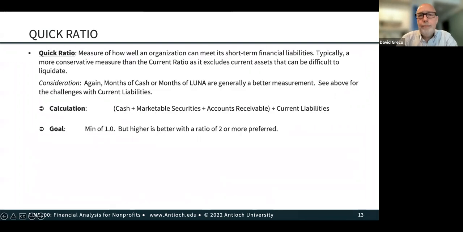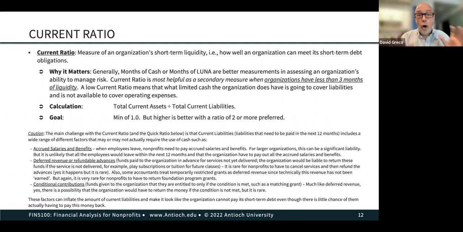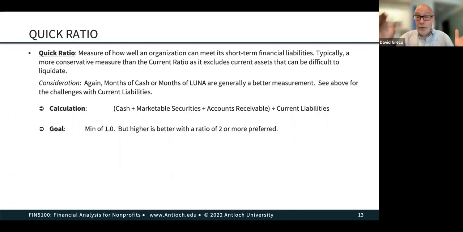Quick ratio, again, a common measure. It's more conservative, in that it really is looking just at the short-term cash, right? Because when you're looking at the current ratio, you're looking at all of our current assets. That includes buildings and tables and chairs and things like that.